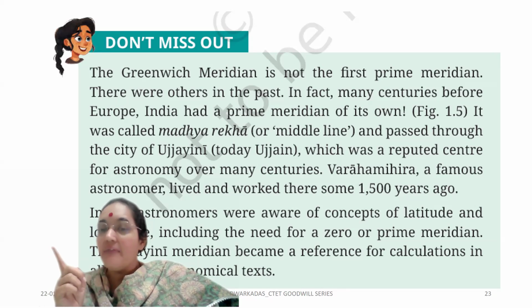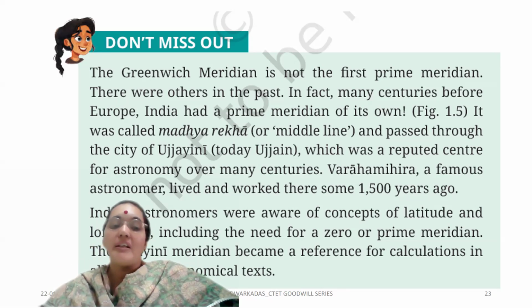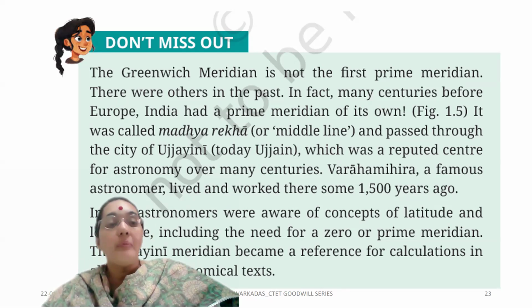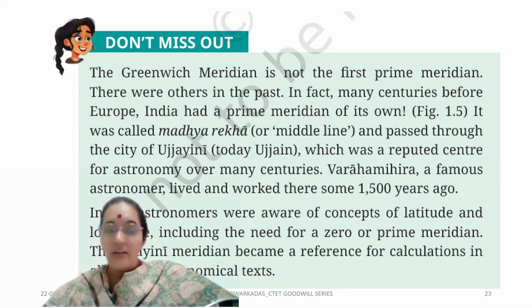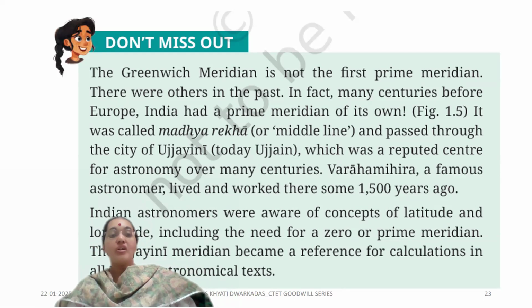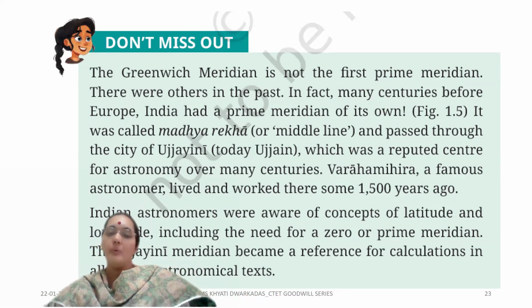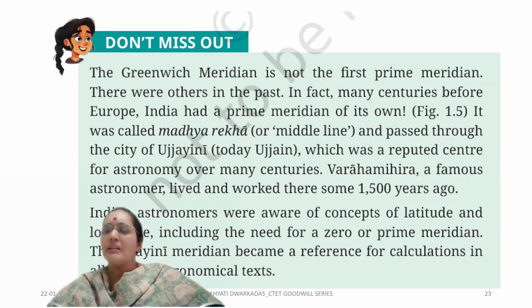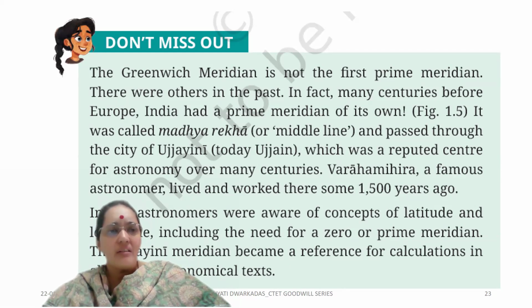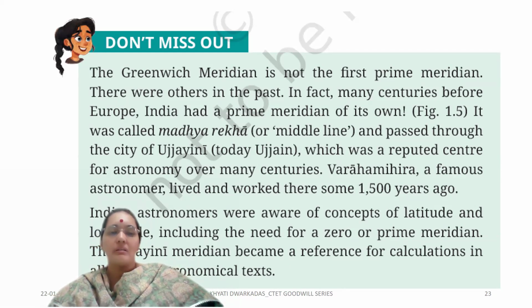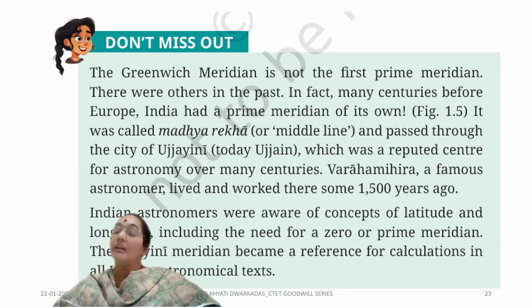And Ujjain was a very, very reputed center of astronomy for many, many centuries. And Varamihir, a very, very famous astronomer, lived there and worked there. And it was something like 1500 years ago that this line was the Madhya Rekha, the Indian prime meridian in Ujjain.